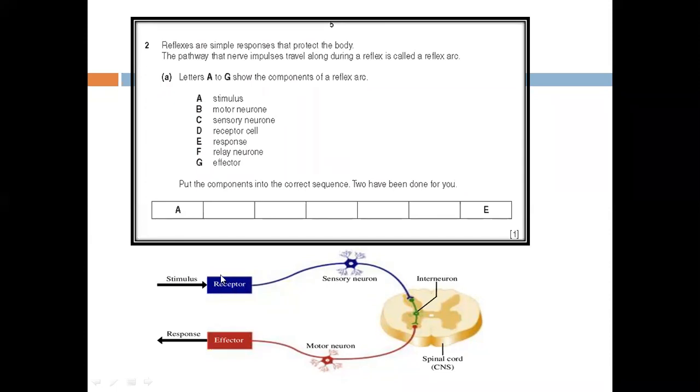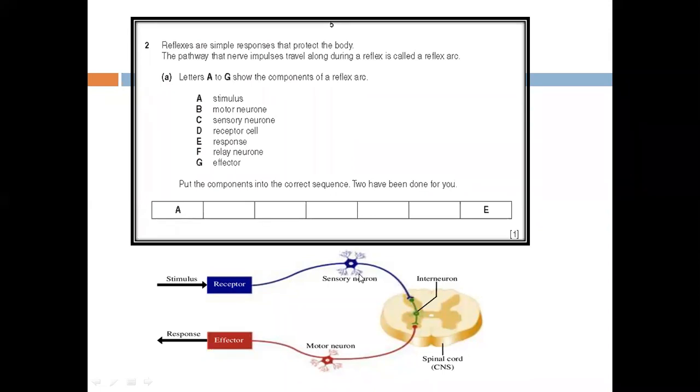After that, the stimulus is accepted by receptors. The receptor may be a neuron ending or certain cells. When the receptor receives the stimulus, an electric impulse will be generated, and that impulse will start traveling along the sensory neuron. It will reach the spinal cord, and the spinal cord contains an interneuron or relay neuron.